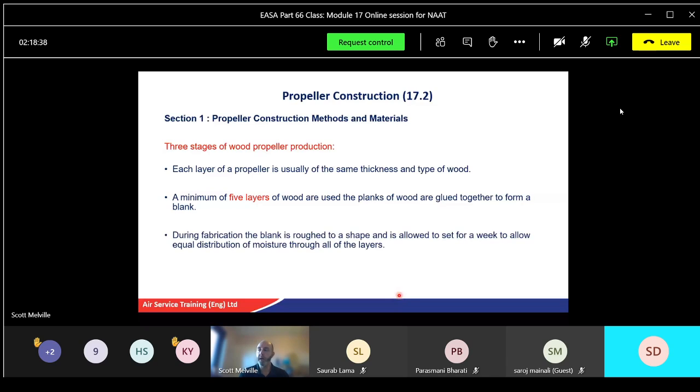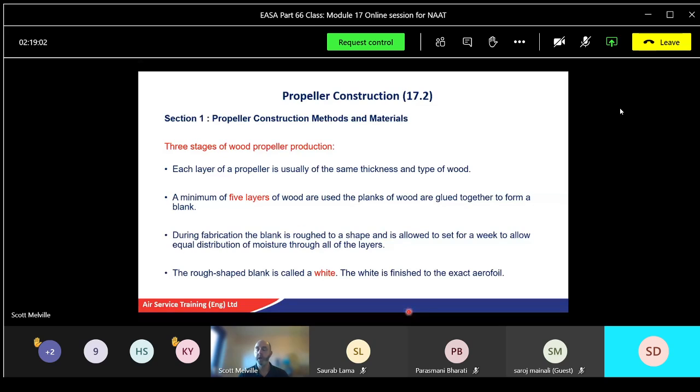During fabrication of the blank, it's roughed to shape and allowed to set for a week, 1 full week, to allow equal distribution of moisture. The glue glues it together, but we need to let it dry out evenly through all 5 layers, so we'll leave it for 1 week. Then the rough shaped blank is called a white.